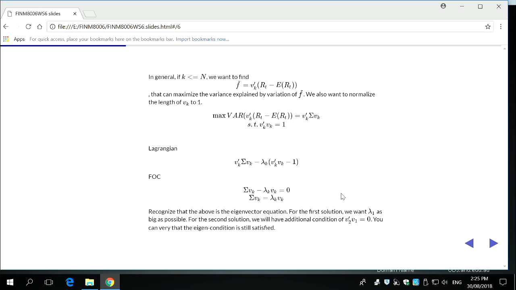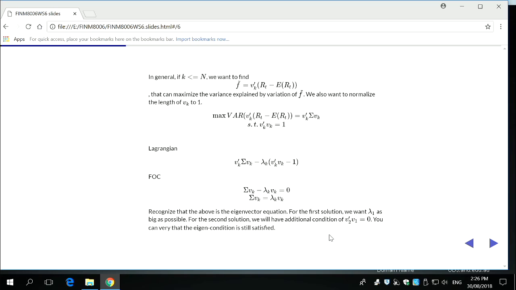All right, so we can just choose the solution for the first factor as when the lambda is as big as possible. Now, for the second solution, we also need to maximize it. In addition to this condition, we also want the second vector to be independent of the first vector. So you have this additional constraint here.